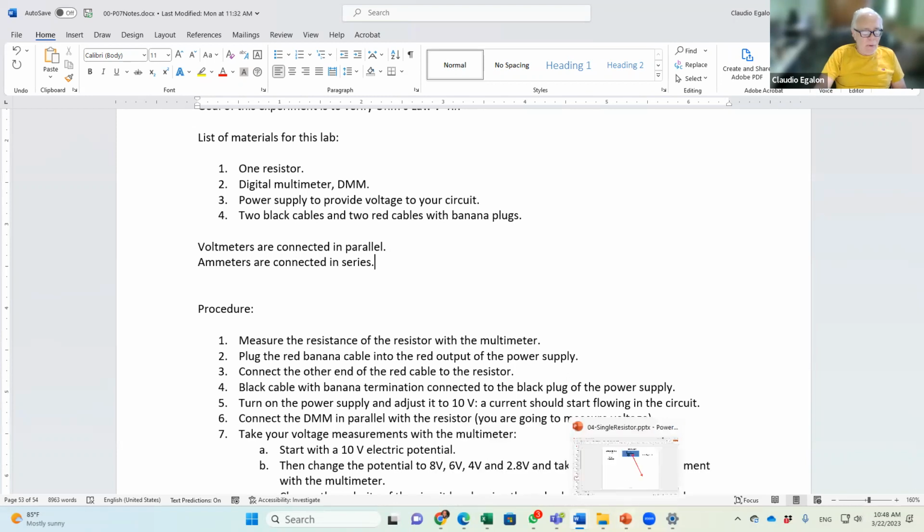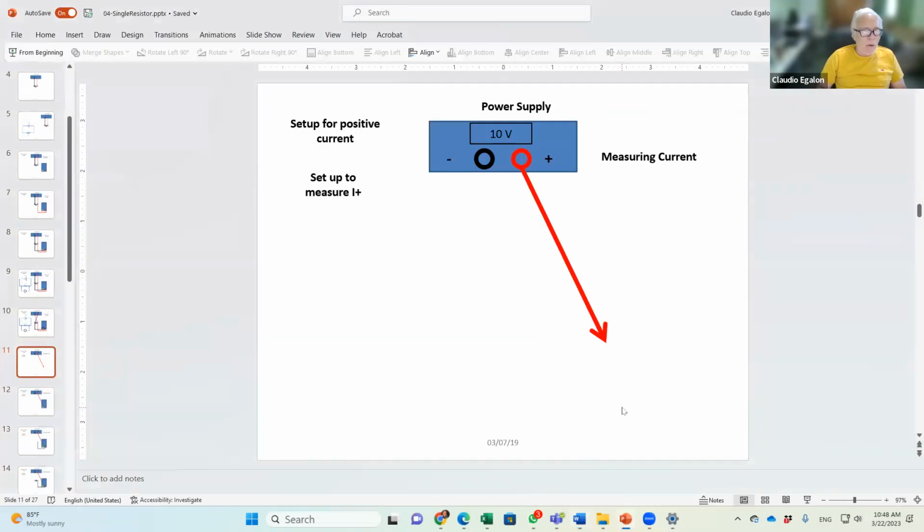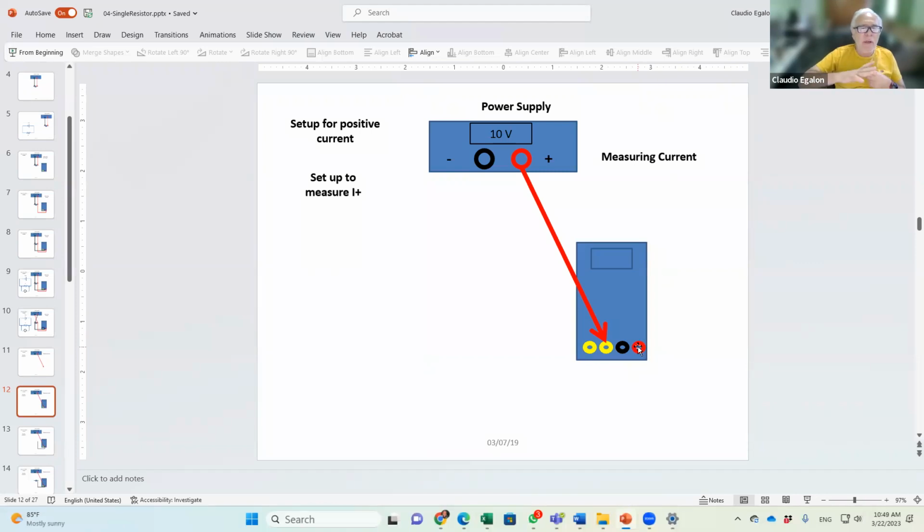And now it comes to the point that I'm going to tell you what those yellow plugs are all about. Those yellow plugs that you see here are to measure current. This red plug that you see in the multimeter is used to measure voltage, frequency, and resistance.